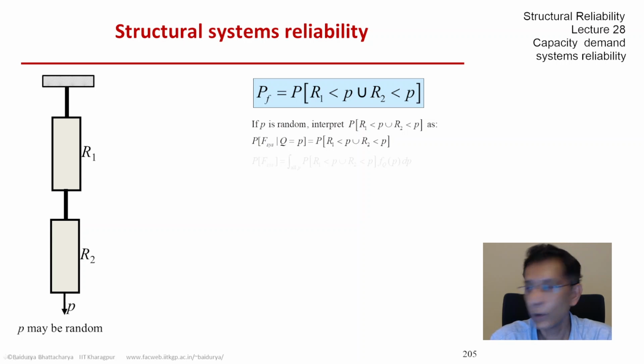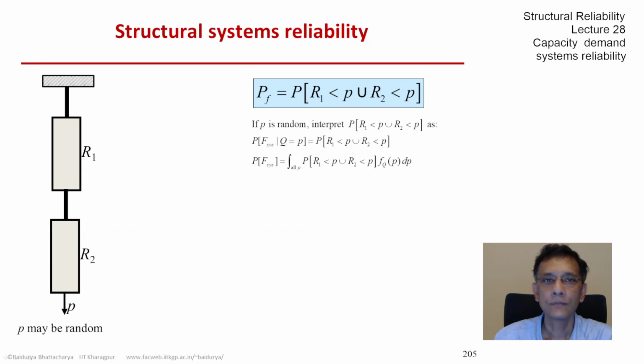So we invoke the theorem of total probability and get the unconditional probability of system failure as the integration of the kernel, which we already had, with respect to the PDF of Q, the random load. This could be computed without any problem using Monte Carlo simulations, and we have been doing this, so it should not be difficult now.